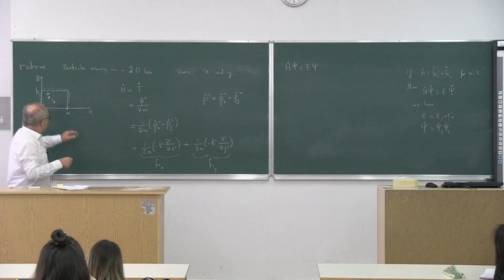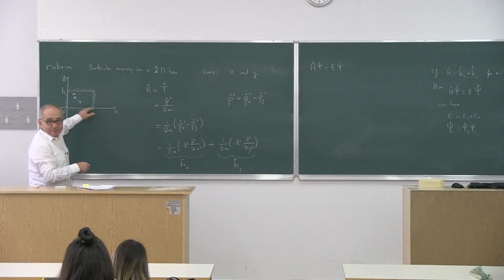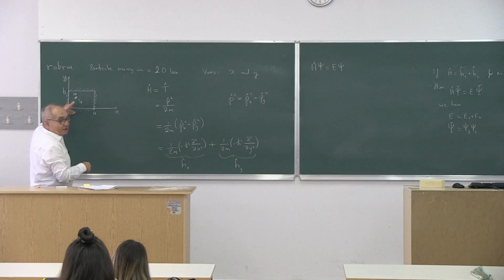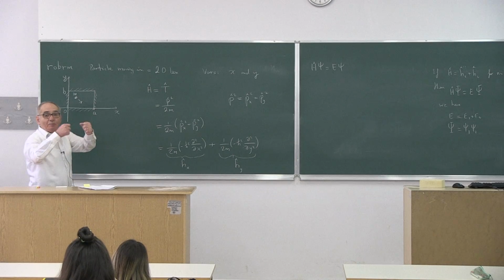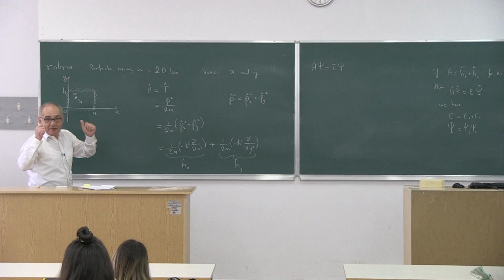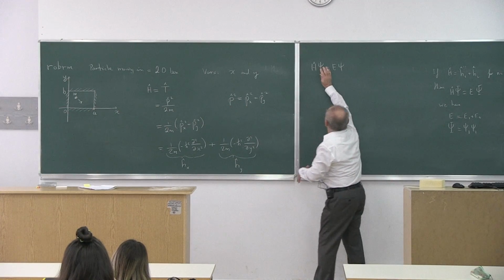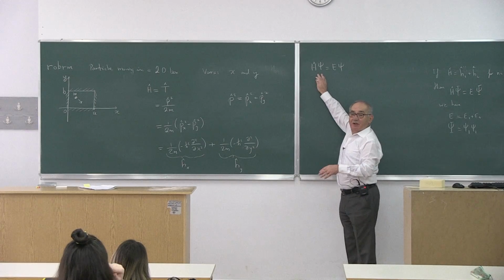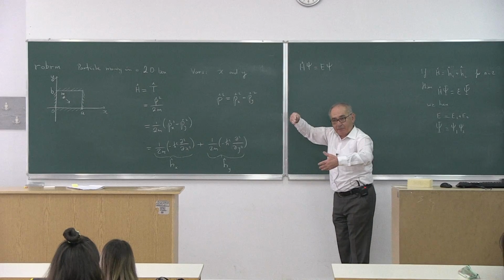The X particle is moving only along the X-axis, and the Y particle is moving along the Y-axis, and these two motions are independent. So the solution of this problem becomes very simple if you think this way.